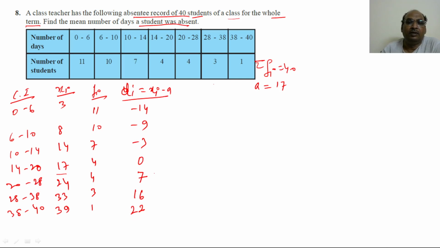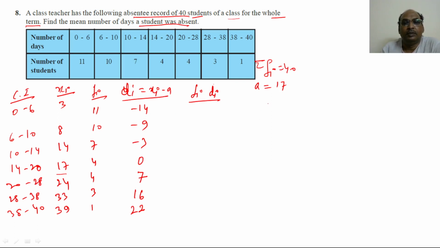Sigma fi di. So 11 times minus 14. If we are going for multiplication, we have to do multiplication.